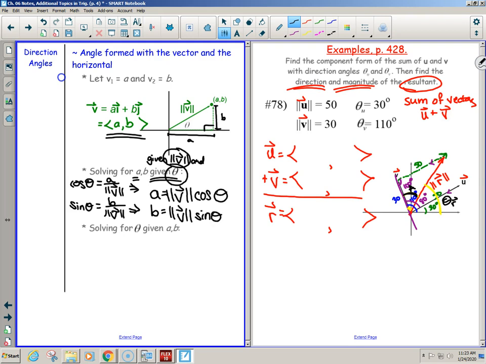If you're a highlighting person, this is the key to making things easier. I would highlight that: if I have magnitude and direction, then I'm going to want to go to components. I need these formulas. Basically, it's just hypotenuse times cosine of angle is adjacent, and hypotenuse times sine of angle is opposite. It's a quick rearrangement of SOHCAHTOA.